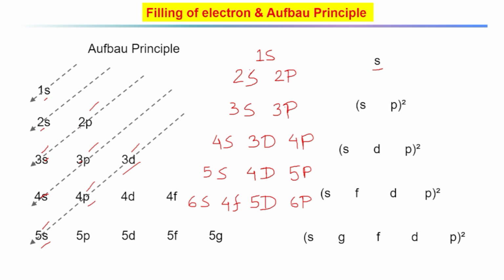So I remember this pyramid, and whenever I am doing any electronic configuration, I will quickly draw this: s, sp, sp, sdp, sdp, and sfdp. So first, electrons will be filled in 1s, then 2s, then 2p, then 3s, 3p, then 4s, 3d, 4p. After that 5s, 4d, 5p, then 6s, 4f, 5d, and 6p.